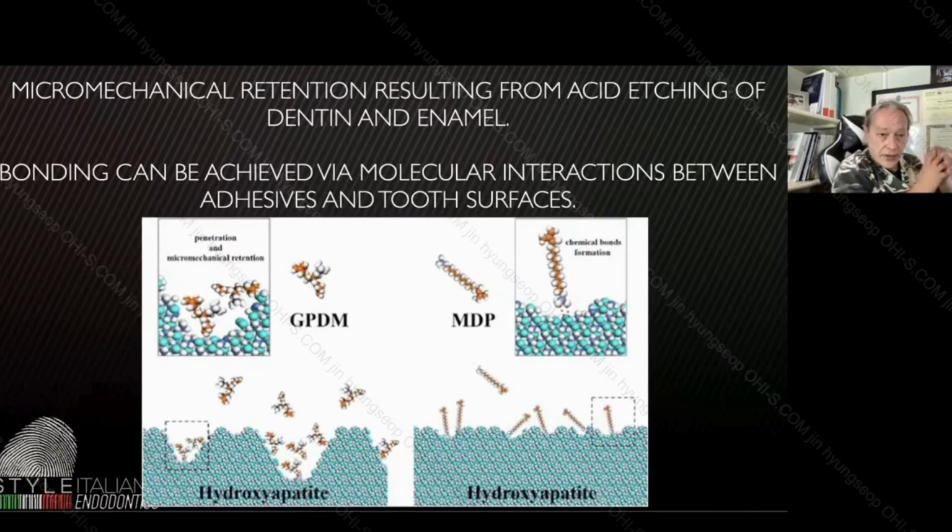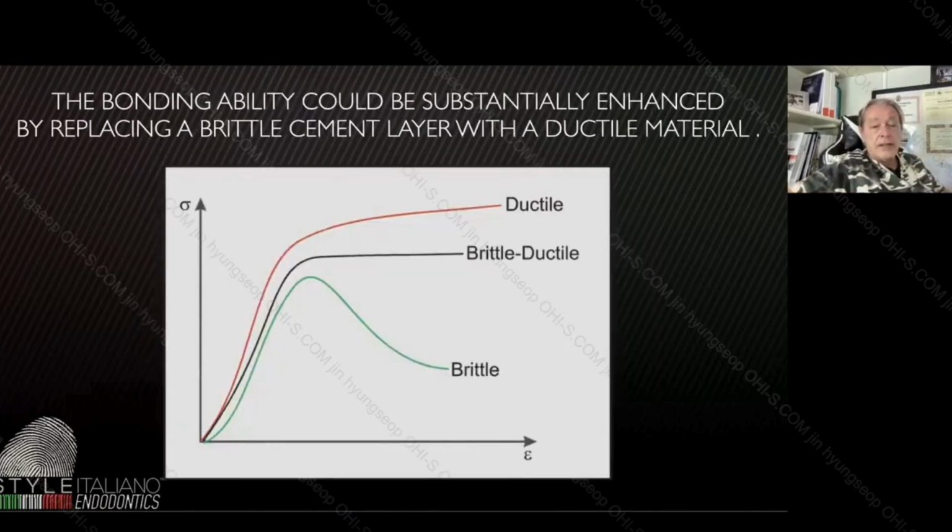What is adhesion anyway? Leaving aside the history, it is the micromechanical retention resulting from acid etching of dentin and enamel, and the chemical adhesion, a true bonding that works through molecular interactions between adhesives and tooth surfaces.